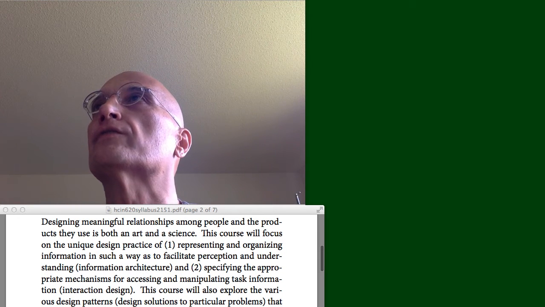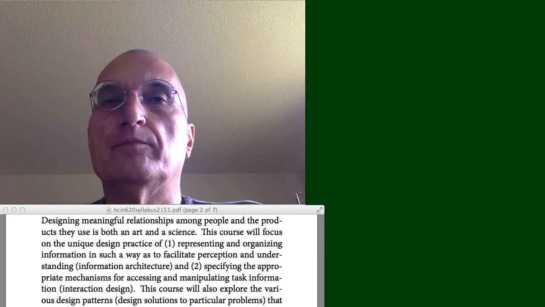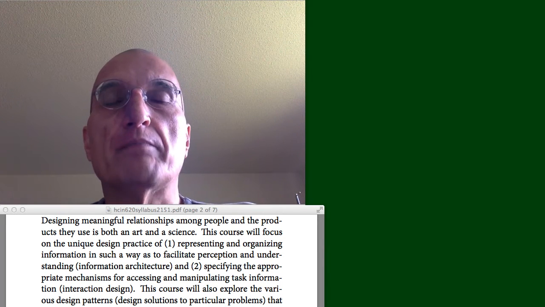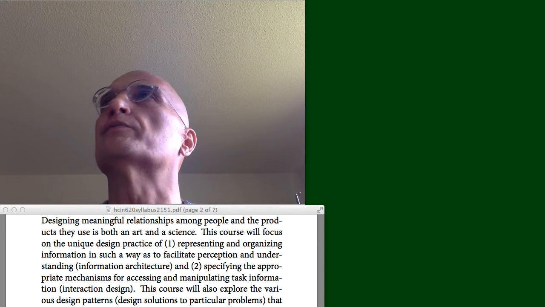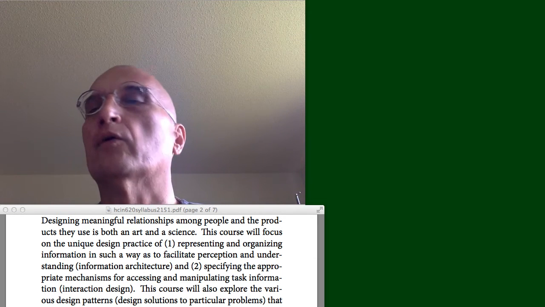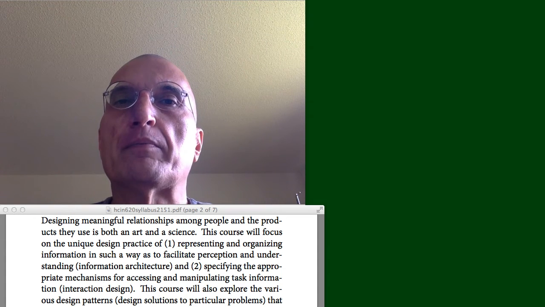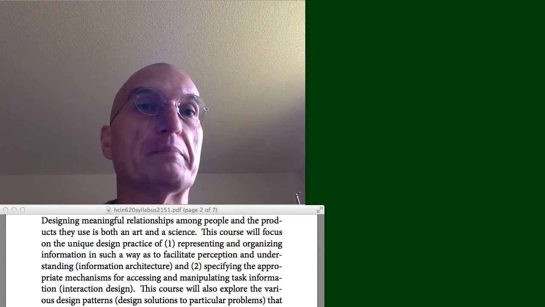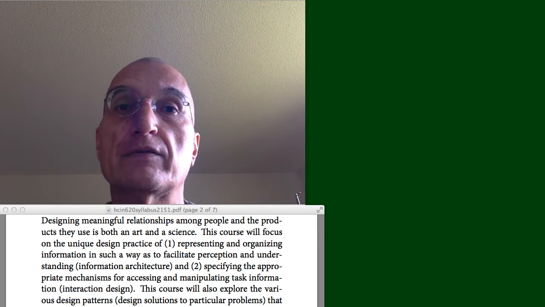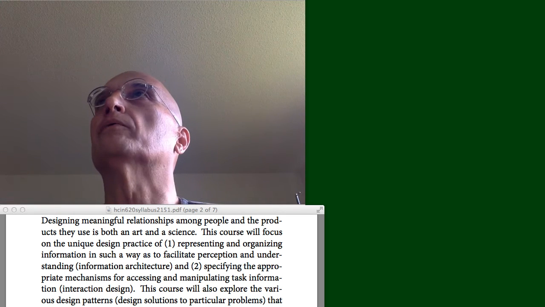Here's a description of the course. And this course description, I think, was actually written by our dean: designing meaningful relationships among people and the products they use as both an art and a science. Okay, so HCI is about people and machines and what's between all of them, between people and people, between people and machines, and even potentially between machines and machines acting as agents of people.